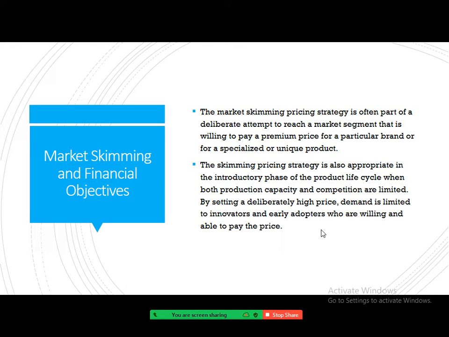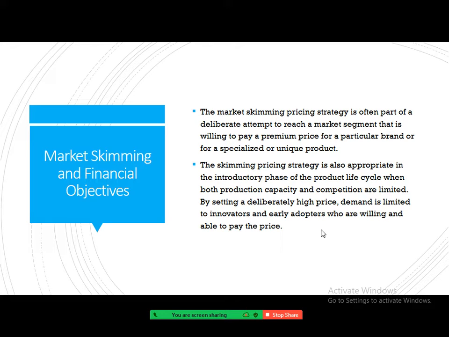The market skimming pricing strategy is often part of a deliberate attempt to reach a market segment that is willing to pay a premium price for a particular brand or for a specialized or unique product. Companies that seek a competitive advantage by pursuing differentiation strategies or positioning their products in the premium segment frequently use market skimming.